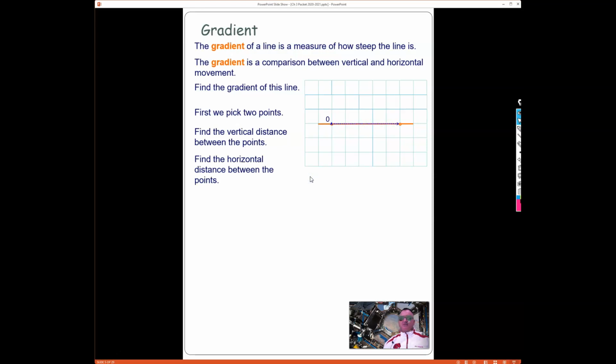The horizontal distance is 5, and therefore the gradient is 0 in the vertical, 5 in the horizontal, and that's going to end up being 0. So a horizontal line has a slope of 0.